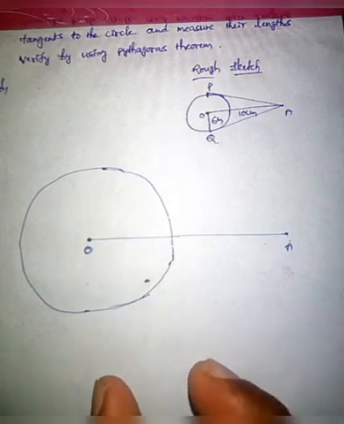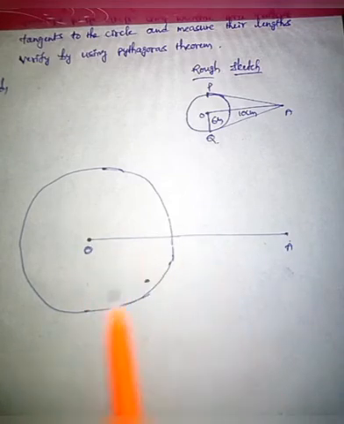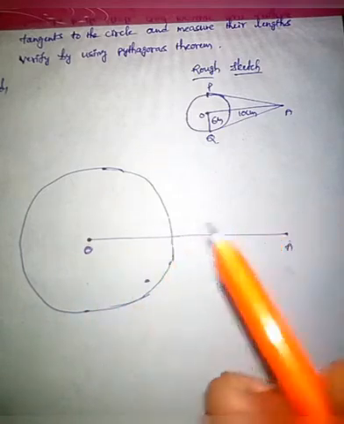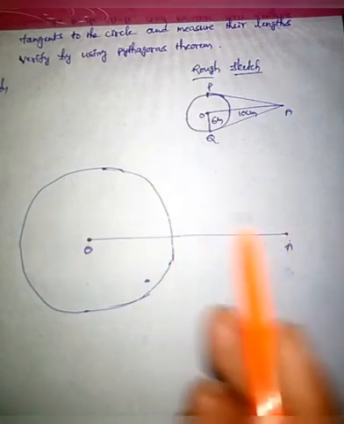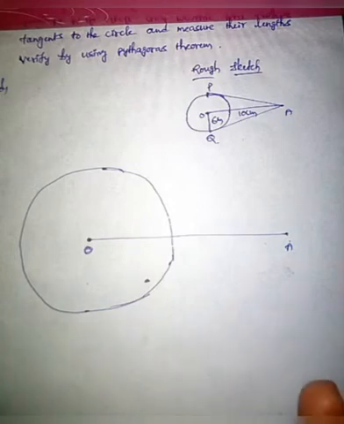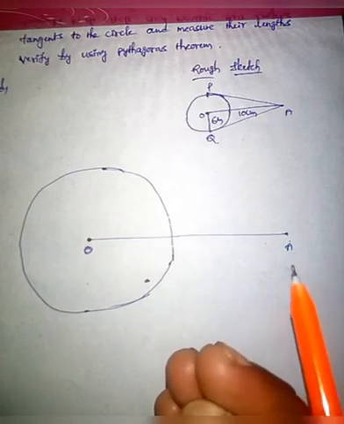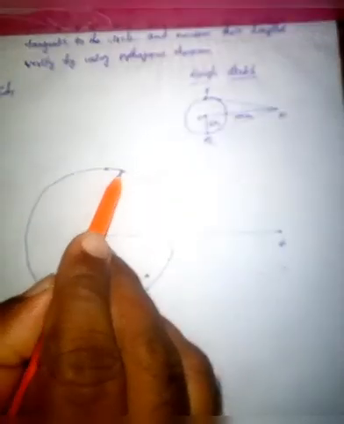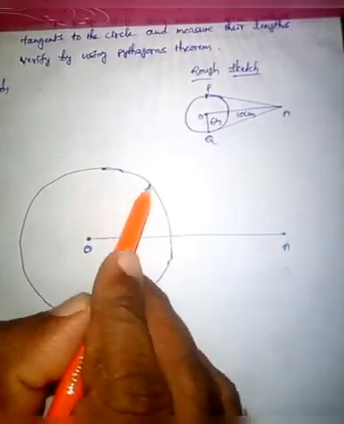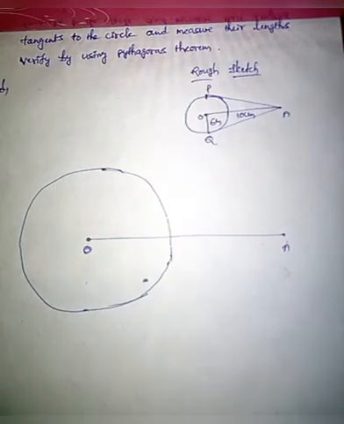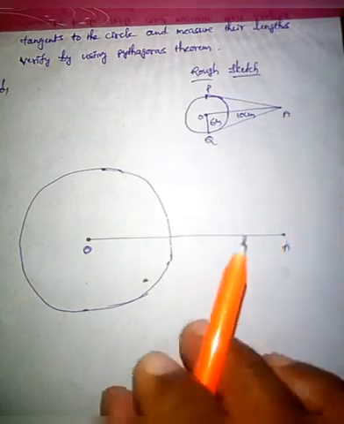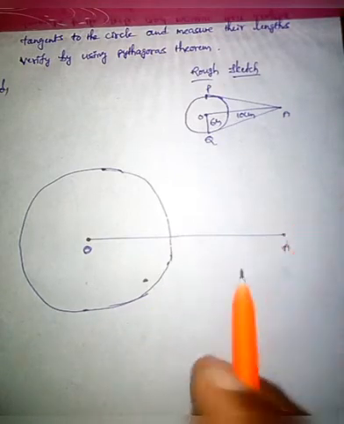Greater than 5 means 6, 7, 8, 9, but less than 10. If you select 6 centimeters, the arc will coincide with the surface of the circle. That's why I'm going to take the radius as 7 centimeters. Take your compass and set the radius to 7 centimeters.